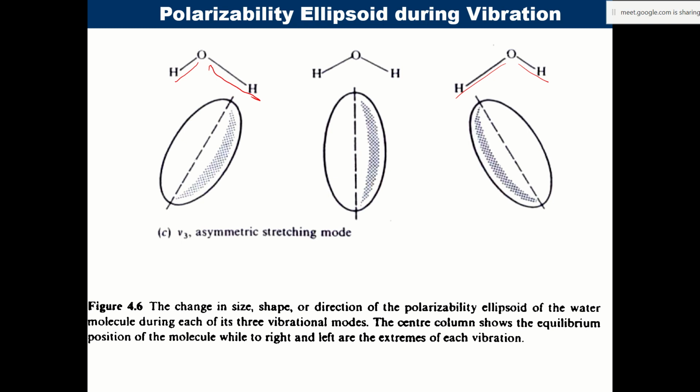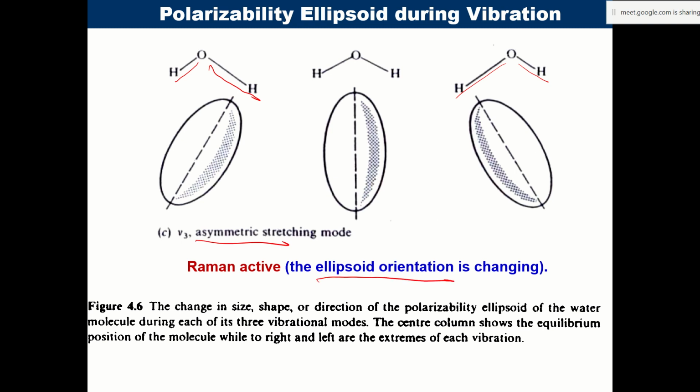So in the asymmetric stretching mode the ellipsoid orientation is changing. That is, the direction, the 3D orientation, has changed. So this mode is also Raman active. So all three modes of water are Raman active.